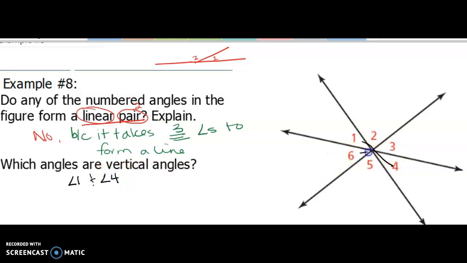I could say 6 and 3. And then last but not least, 2 and 5. Don't forget to put your angle marks, and these are each separate. So there's our 3 pairs of vertical angles.